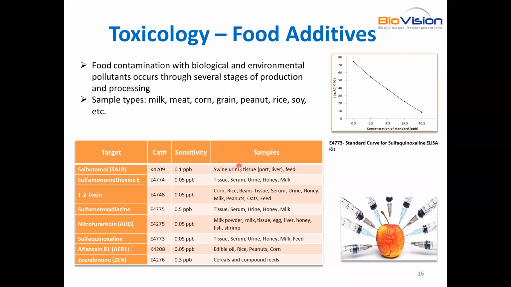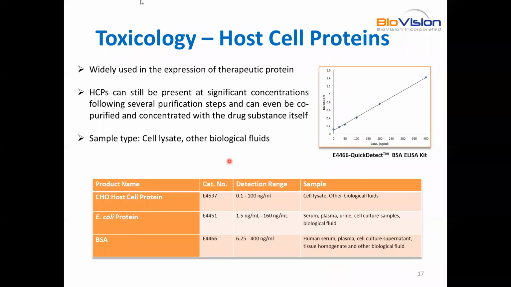And next in this category is the toxicity of host cell proteins. As we all know, host cell proteins, HCPs, are widely used in the expression of therapeutic proteins, for example, CHO cells or E. coli cells.